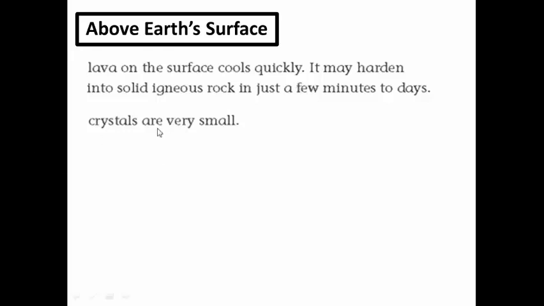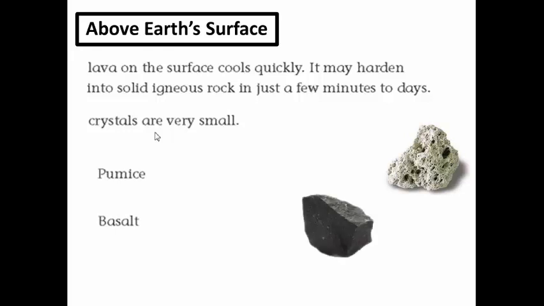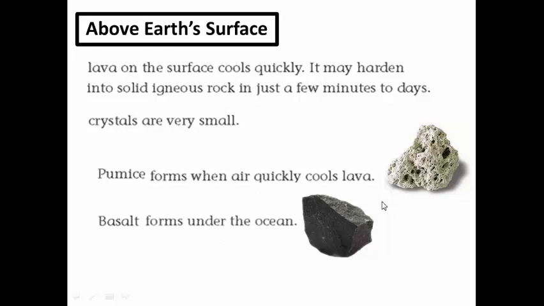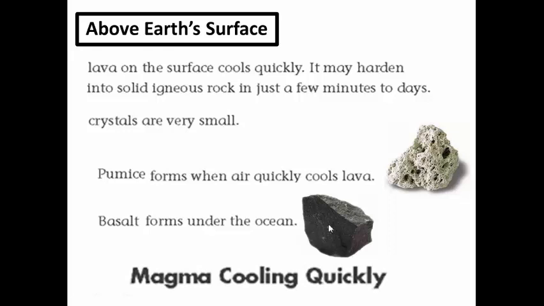We said the crystals of the minerals that make up these rocks are very small above, and below the earth's surface they will be large. We gave two examples, pumice and basalt, and we said this can be cooled because of the effect of air, and because of water. So it's called magma cooling quickly.